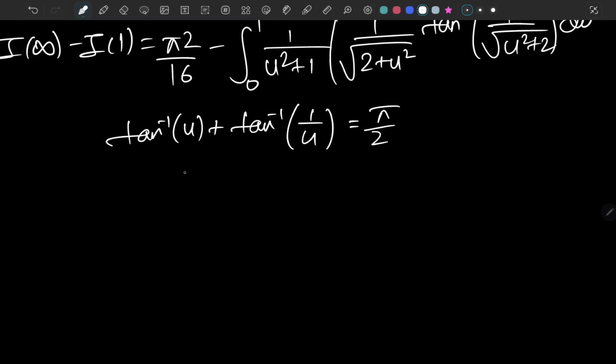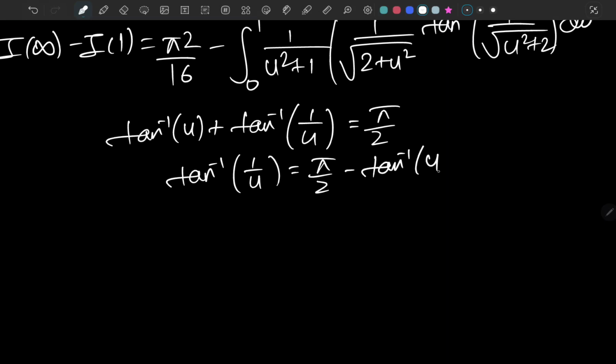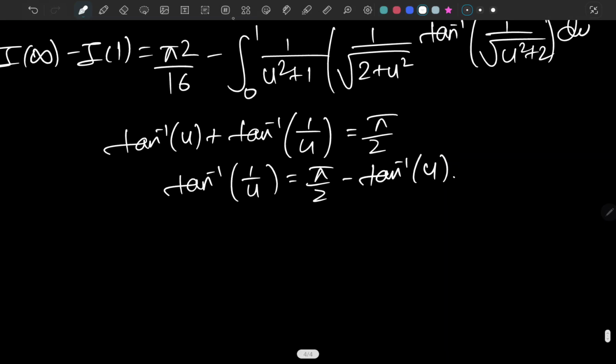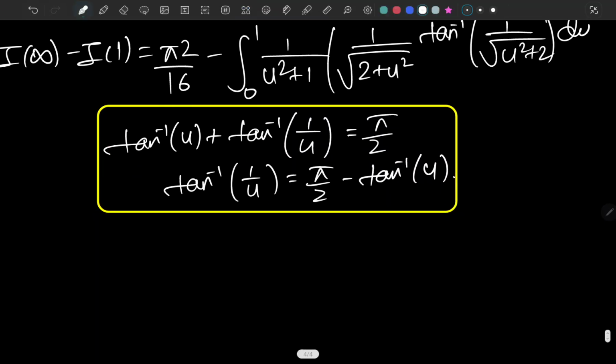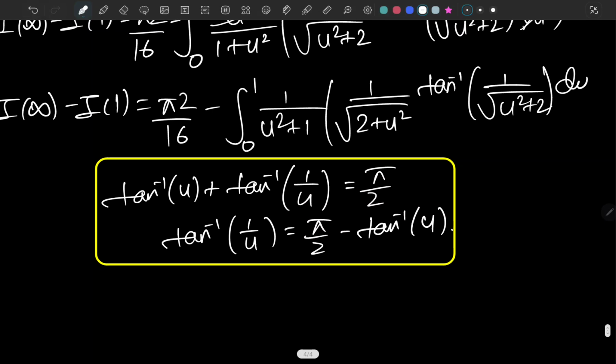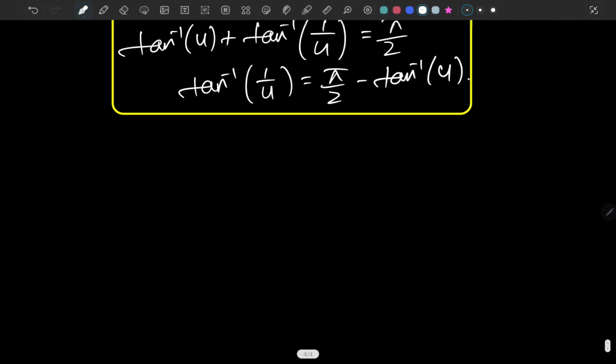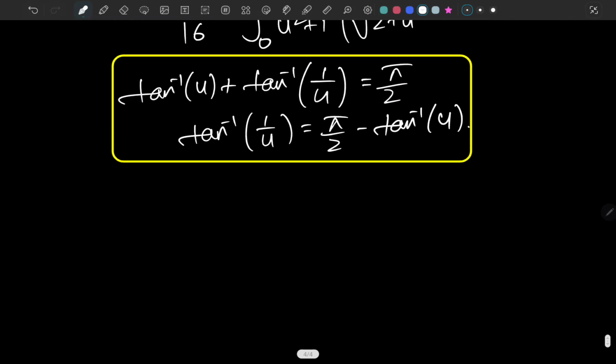So from here we can say that arctangent of 1 over u is pi over 2 minus arctangent of u, right? This is one of the properties of inverse tangent. We are just going to use that over here in order to get something better. Just wait for the moment, don't worry.